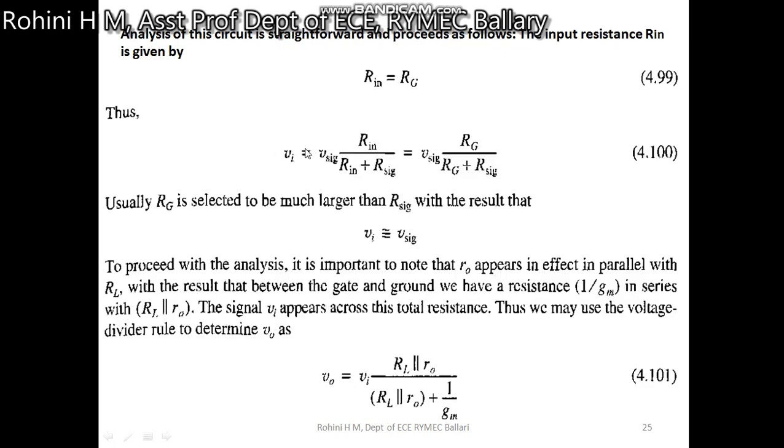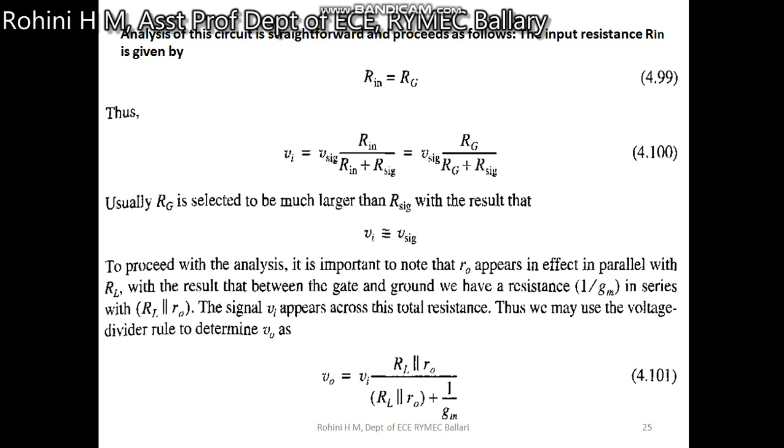Therefore Vi is equal to V signal times Rg divided by Rg plus R signal, or else, since Rg and Rin are the same, Rin divided by Rin plus R signal times the total voltage V signal. The entire equation we are writing just by the voltage divider rule, nothing else.